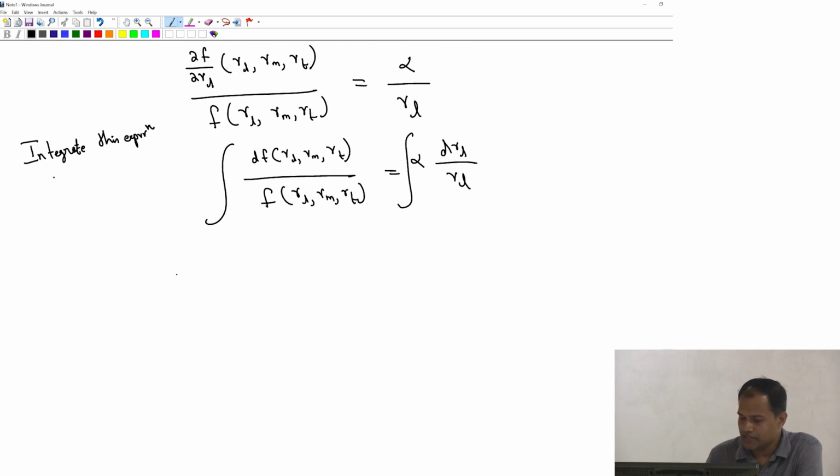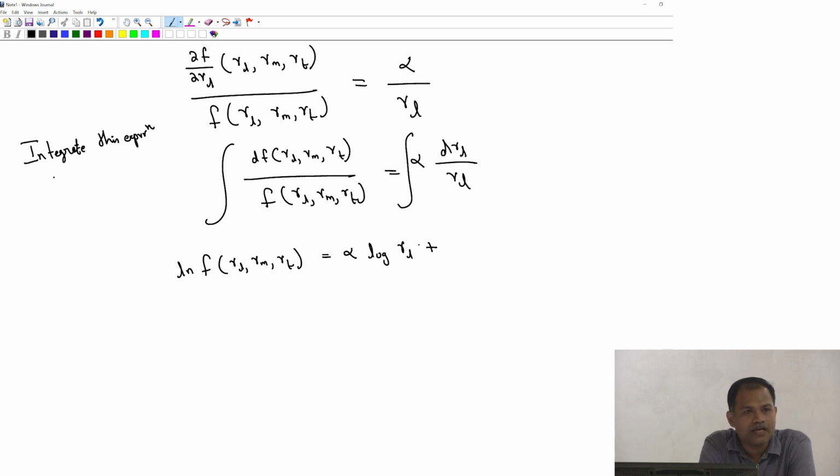And what do I get? Log of f of RL, Rm, Rt is equal to alpha times log of RL plus a constant. I have been doing things only with respect to RL. That means I have kept my Rm and Rt constant. So the constant could actually be a function of Rm, Rt. That's the integration constant that I will have.